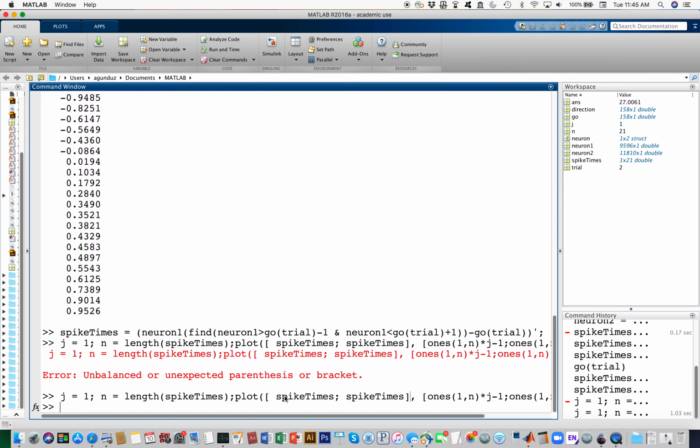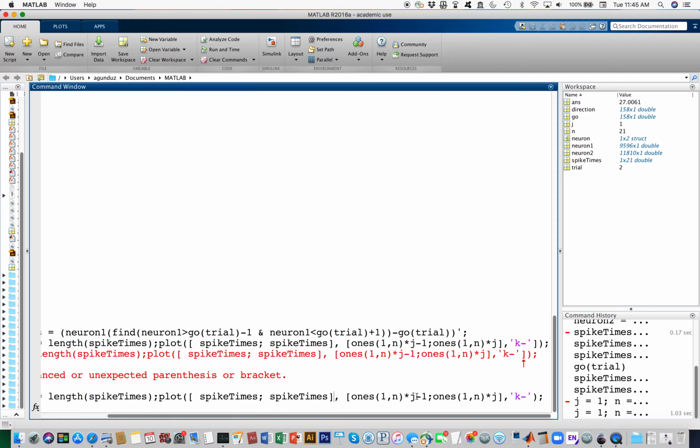Okay, so if you were to write this out, the first column of this matrix would be minus 0.95, and it would be another minus 0.95. Now on the other side, the first column will be 0, and the second one would be 1, because I said j is 1.